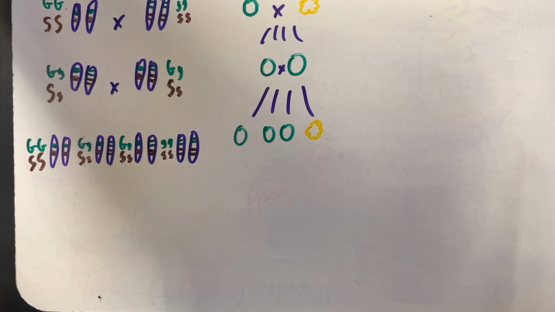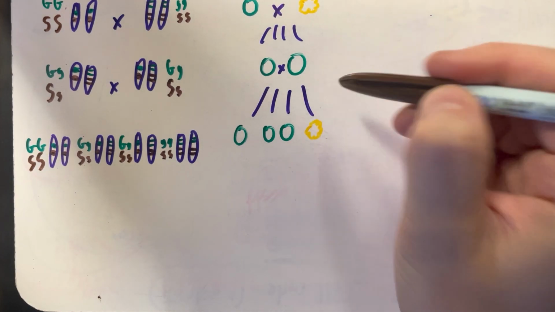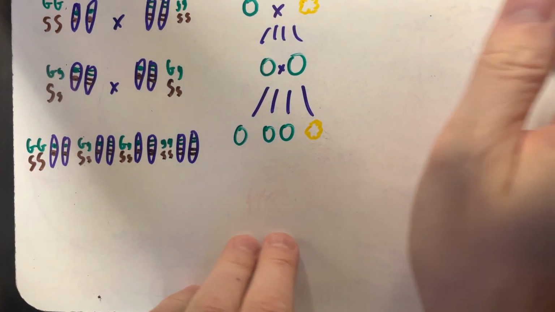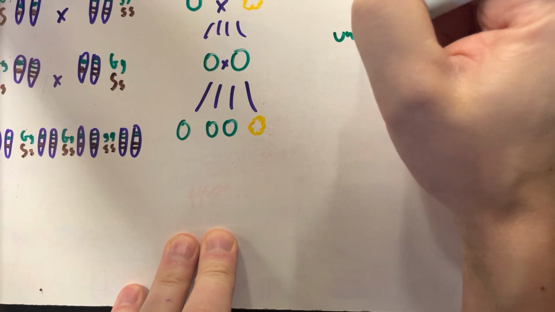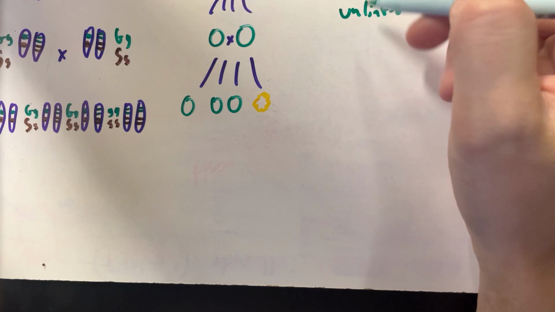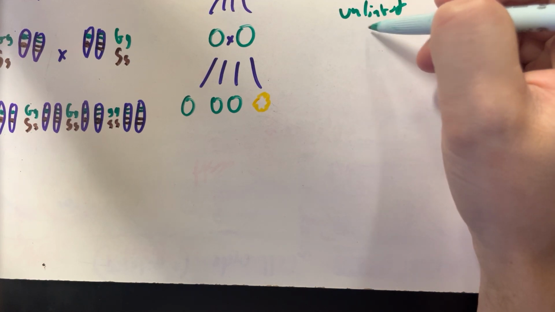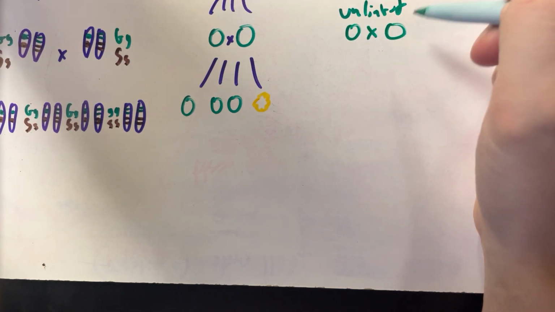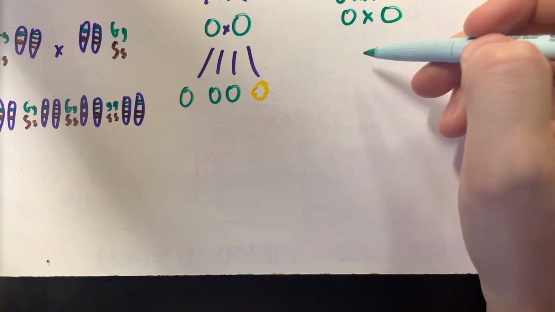If they were not linked, you'd expect on this final generation, so this is the unlinked version, you'd expect there to be a bunch of options.